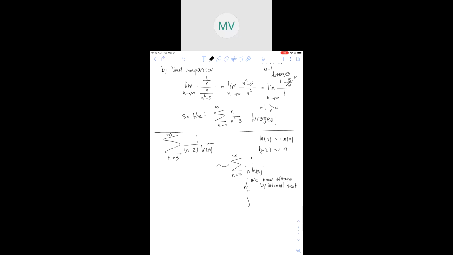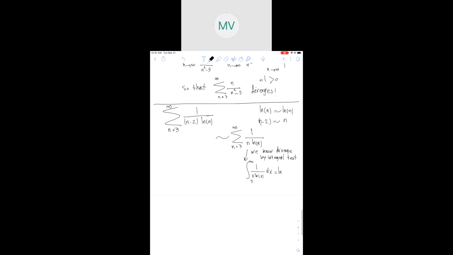Which was simply integrating 1 over x natural log of x, dx, from 3 to infinity, and the antiderivative of that is natural log of natural log of x. Then you evaluate it from 3 to infinity, it's natural log of infinity, that's infinity, so that's why it diverges. So since the integral diverges, this series diverges as well. So we know this guy already diverges.